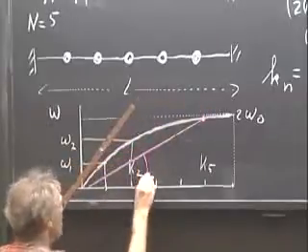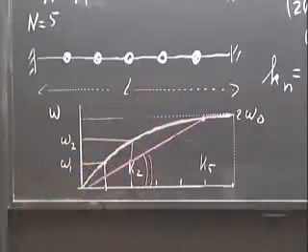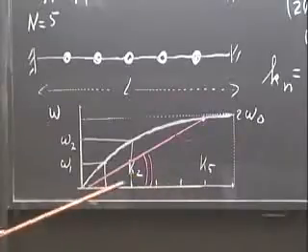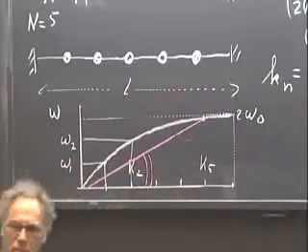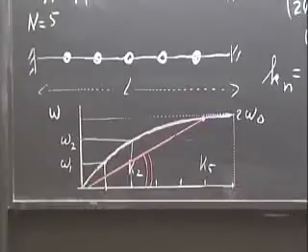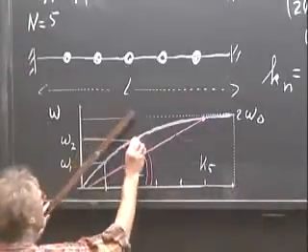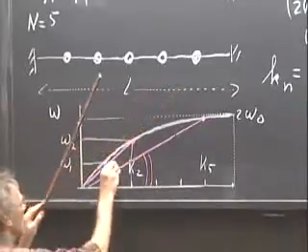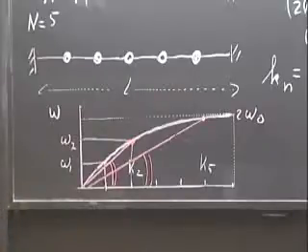And then this angle is a measure for the speed of propagation, because the speed of propagation is omega divided by k. So omega divided by k, the slope, is a measure for the propagation speed. And you see that if I go to this point here, and I draw this line, that the slope is larger, and so the speed is larger.